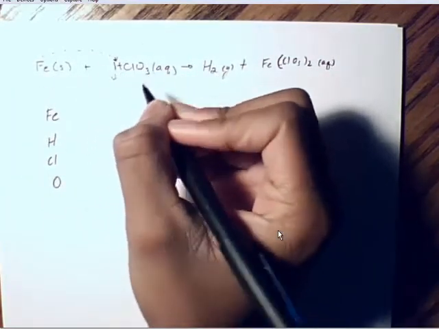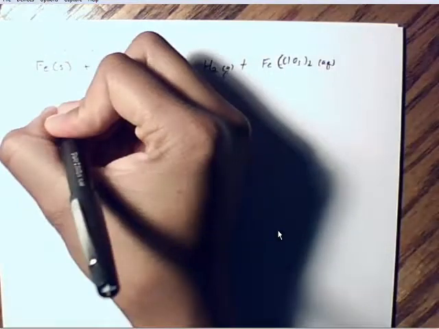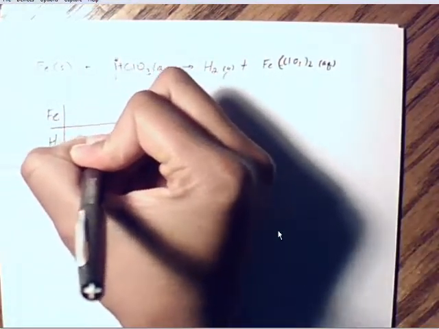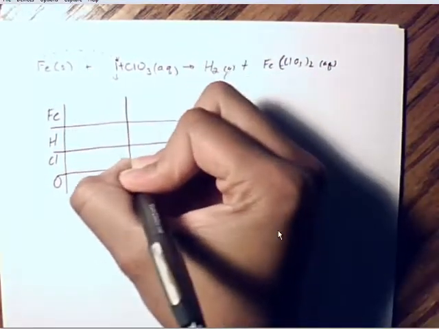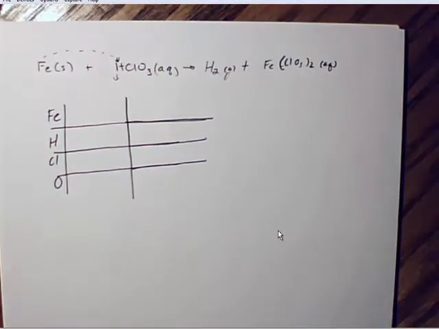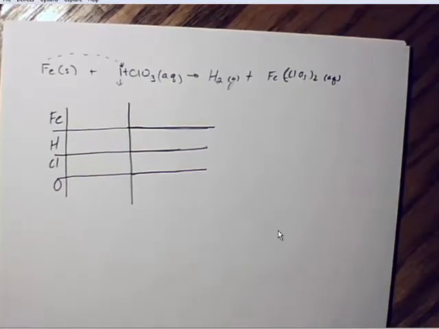And so the chlorate compound on the right, the iron 2 chlorate, will also be aqueous because there's water around and it does dissolve. Anytime you displace a hydrogen ion in a single replacement reaction, you get hydrogen gas. And that's why he's listed the hydrogen on the right-hand side as H2 with the physical state symbol of G.